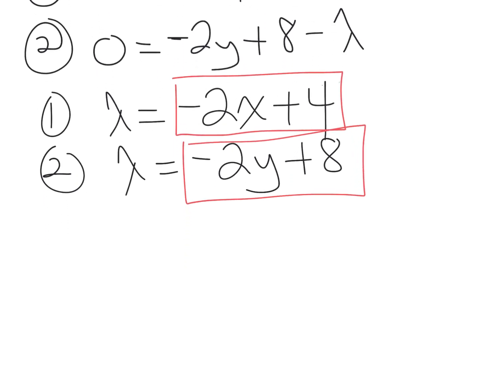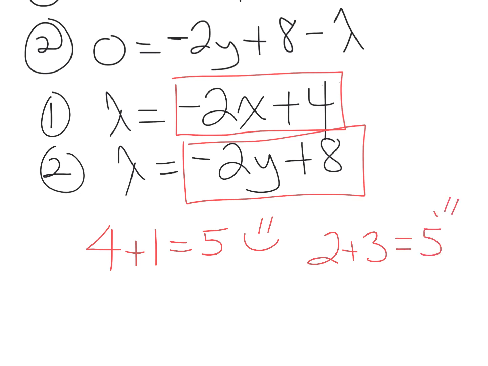And I'll give you an example of where we would see that. We have 4 plus 1 is equal to 5, yeah? We have 2 plus 3 that is also equal to 5. What that means is that 4 plus 1, which equals 5, must equal 2 plus 3, which also equals 5.